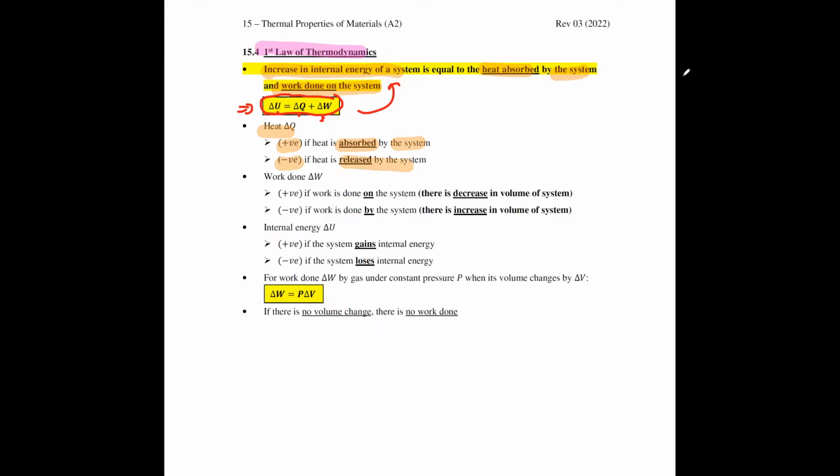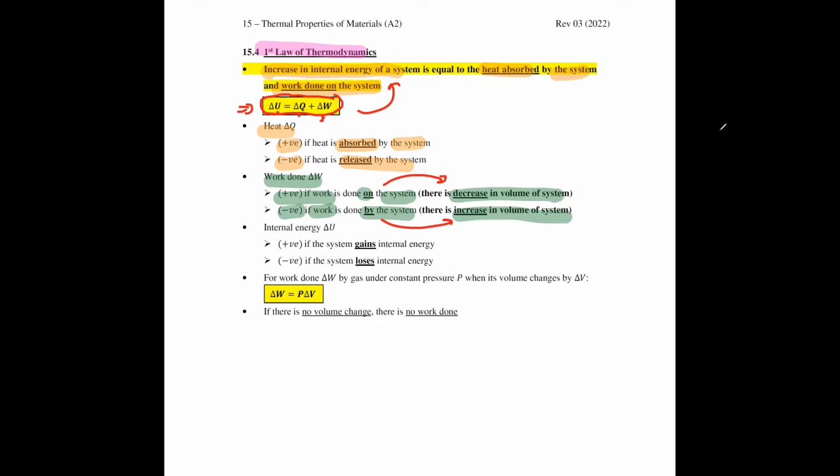Okay. When you look at work done, delta W, we will say that it is positive if work is done on the system, which causes a decrease in volume. It is negative if work is done by the system, and there's an increase in volume. Okay, now work done on and by is almost always accompanied by these changes in the volume.